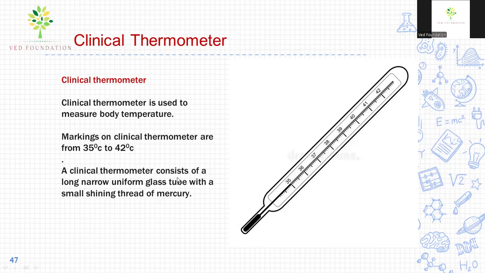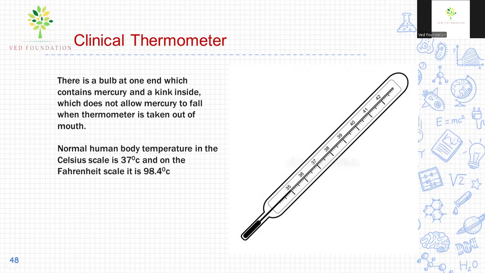A clinical thermometer consists of a long, narrow, uniform glass tube with a small shining thread of mercury. This is the very narrow capillary tube, this is the outer glass tube, and this is the bulb, and in this bulb there is mercury. There is a bulb at one end which contains mercury and a kink inside, which does not allow mercury to fall when the thermometer is taken out of the mouth.